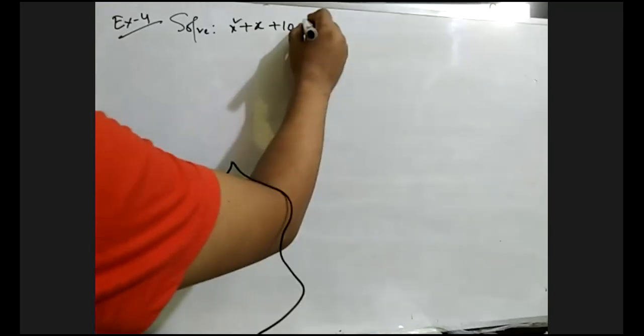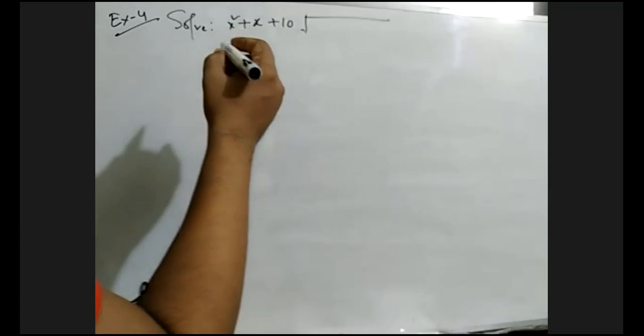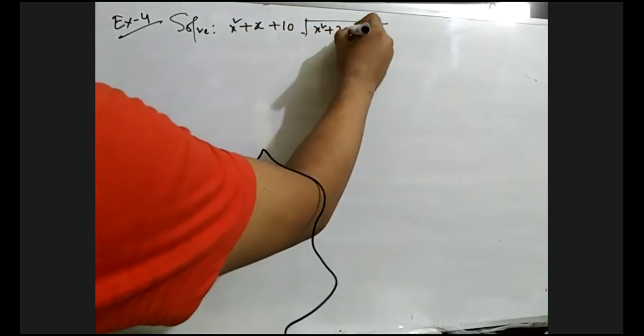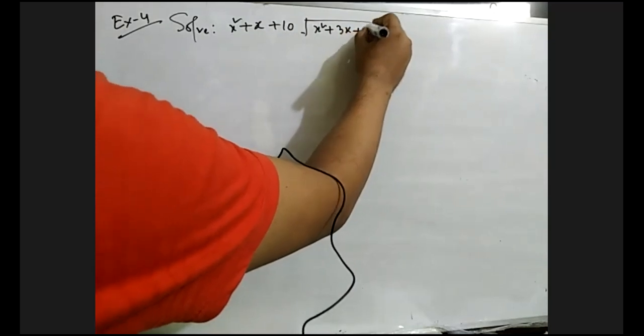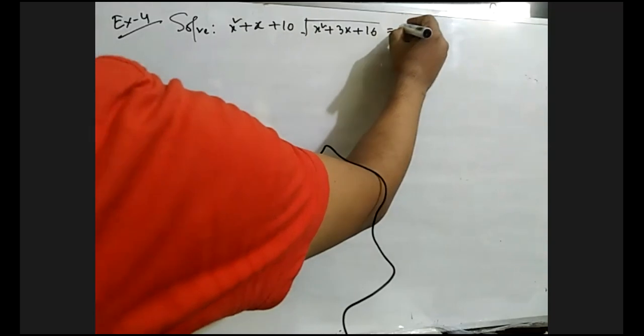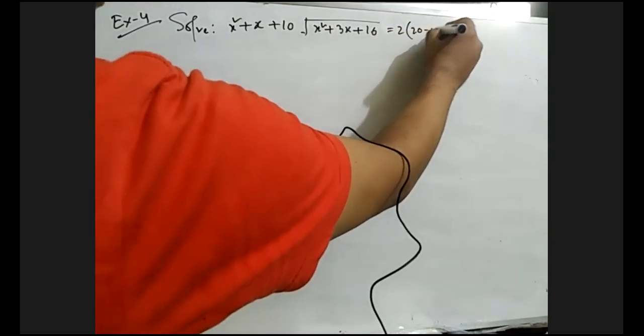Okay, now example 4: solve x square plus x plus 10 root over x square plus 3x plus 16 equals 2 into 20 minus x.